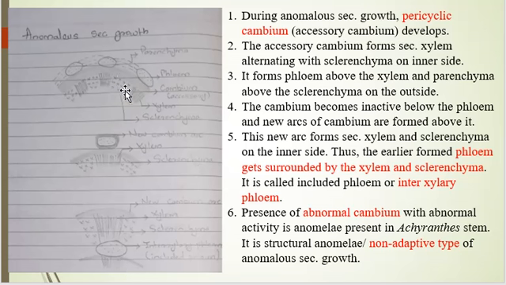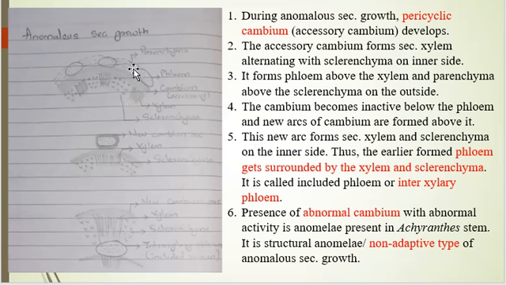Look in this figure, there is the phloem on the outer side and the inner side is the xylem. In between the xylem there is the sclerenchyma, and in between phloem and xylem there is the accessory cambium present.